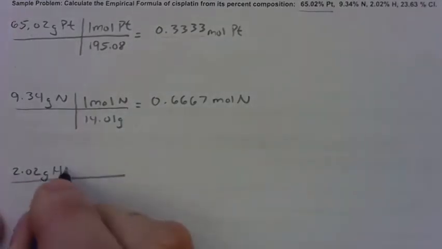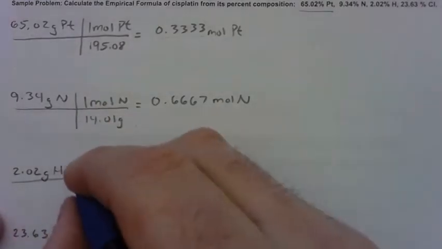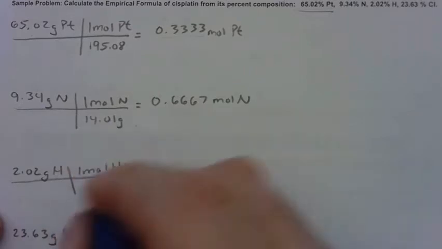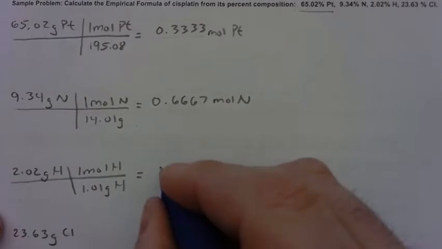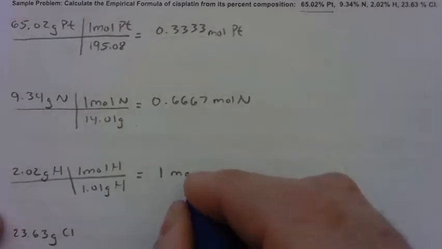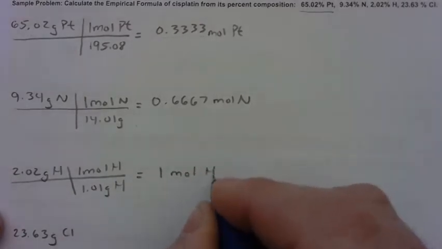I do the same thing for hydrogen. That's 1 mole of H for every 1.01 grams of H. And I end up getting basically 1 mole of hydrogen.